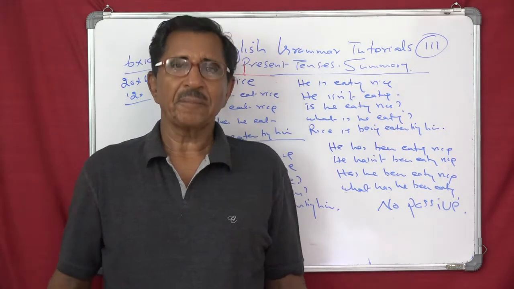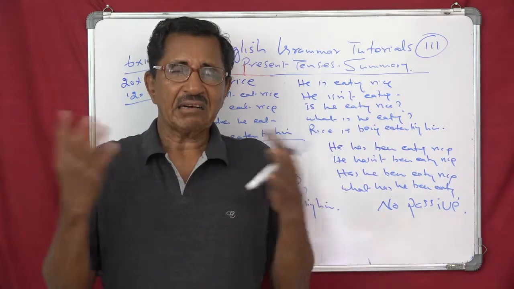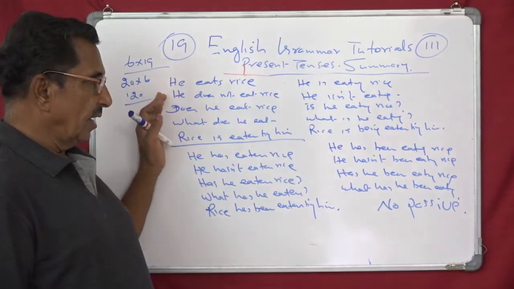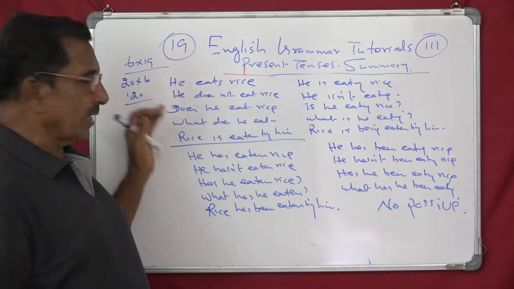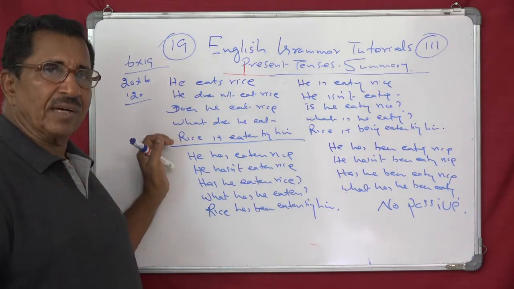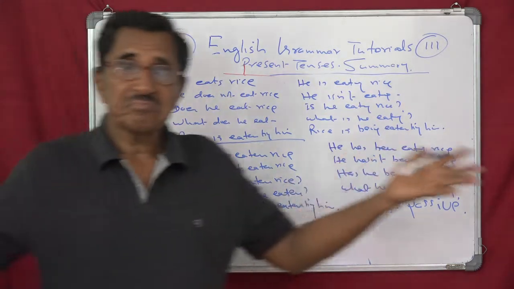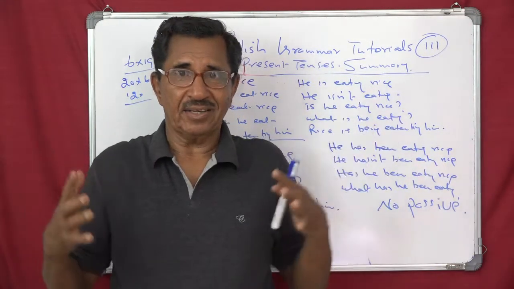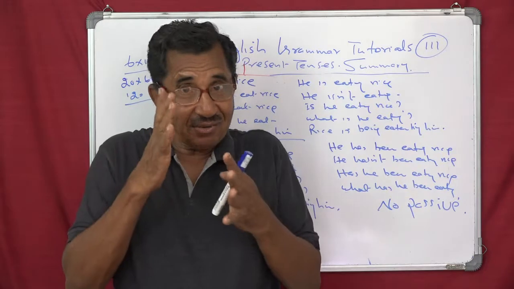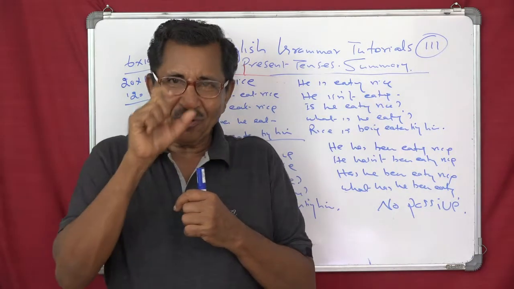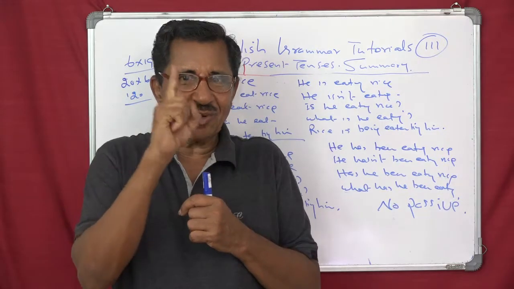If you substitute, it will be hundreds of sentences you can make. Say instead of he, you say boy. Another 19 sentences. Say girl, another 19 sentences. Say man, another 19. Say woman, another 19. So this is a huge number. You understand that? But at the same time, the core is only just one. The core sentence or the mother sentence is only one.